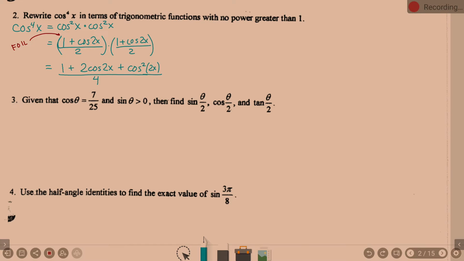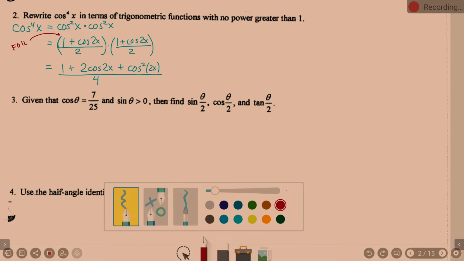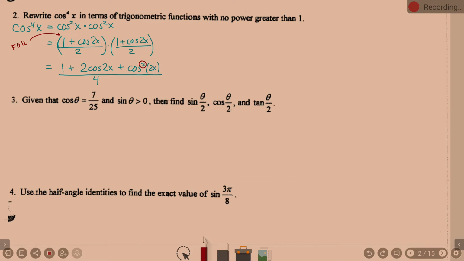So, thoughts on what we need to do? Do we have to do it again? Yeah, kind of. This cosine squared 2x is an issue because we need no power greater than 1, and right now we have a power greater than 1. So, we're going to do this again.